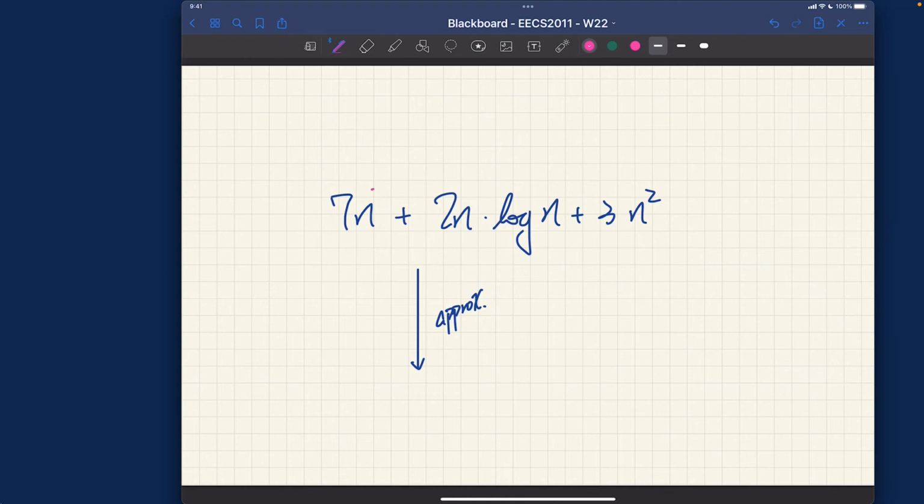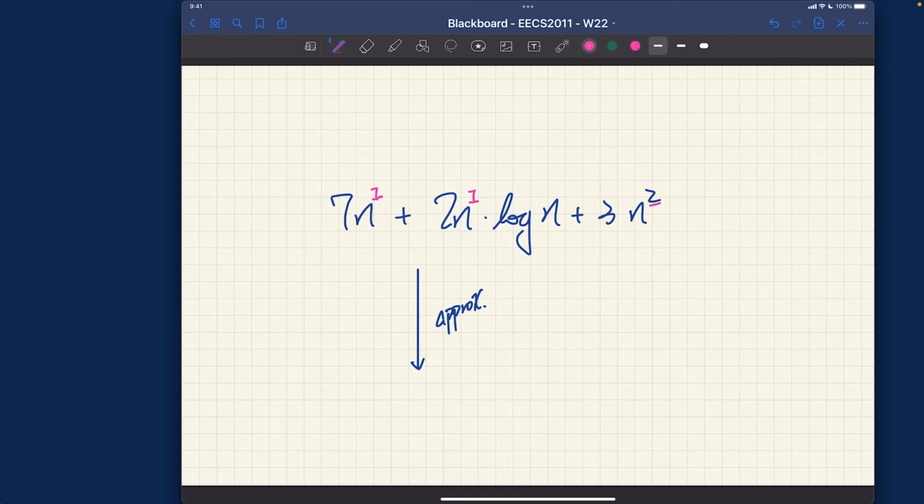You can think about this as power of 1, and that's power of 1, and also power of 2. What will be the highest power? Well, log n is strictly smaller than power of 1. So if you multiply something that's strictly less than power of 1 by power of 1, it's going to be strictly smaller than power of 2. So the highest power should be this power of 2 over here.